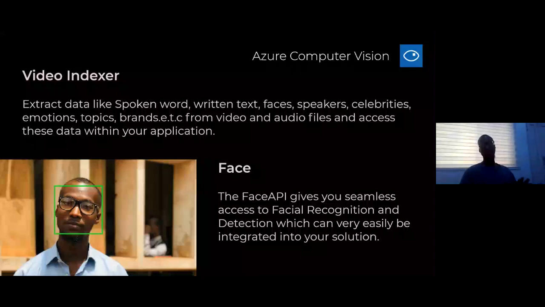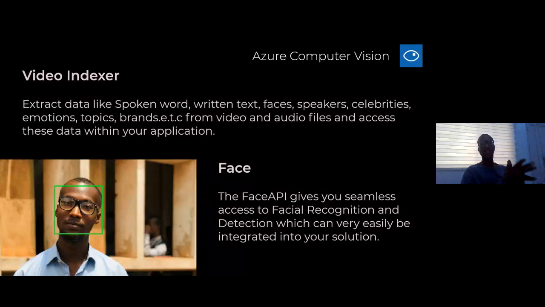After the video indexer, we'll talk about the face API. The face API gives you access to facial recognition, facial detection, and basically anything that has to do with the face. So you're building an application, like the instance I gave earlier about a bank application or an operating system that uses facial unlock.